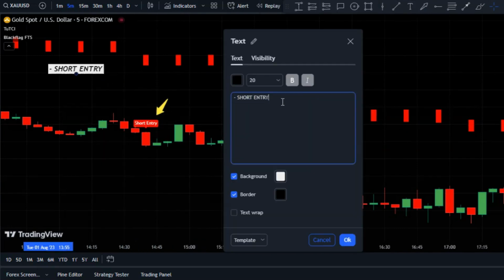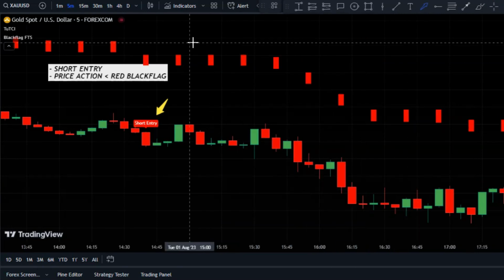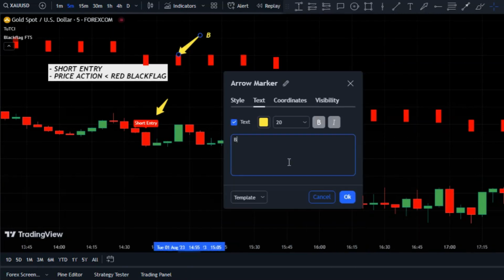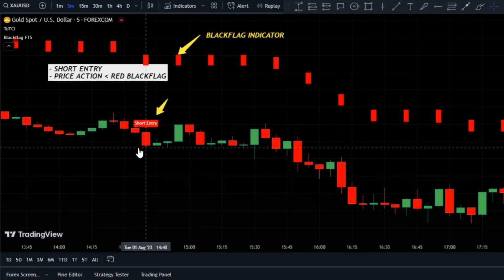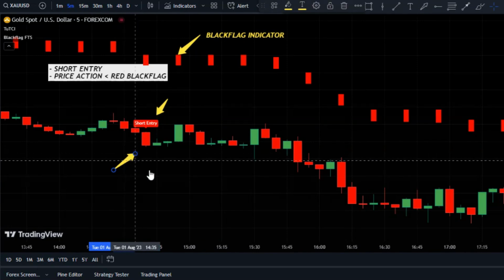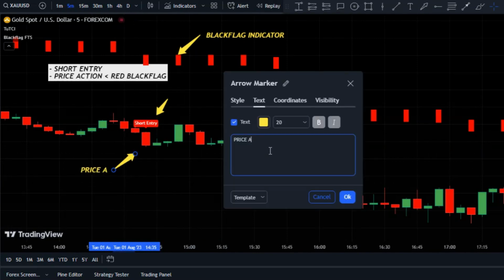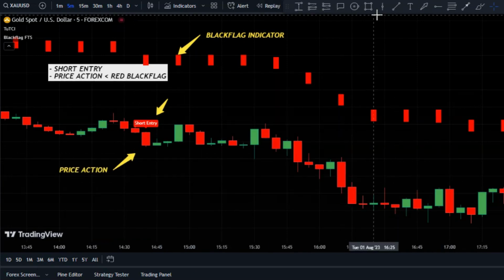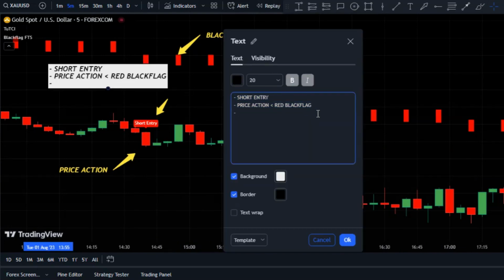At the same time, the price will need to be below the red black flag line to confirm downside momentum. And the histogram for linear regression slope will need to be red and below the moving average.